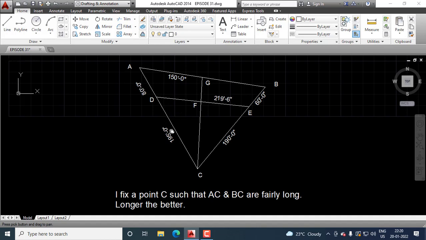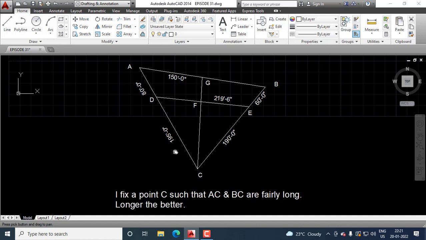So we know this angle and we know this angle. We have just calculated these two angles. So if we add these two angles and subtract it from 180, we get this angle, angle DFC.